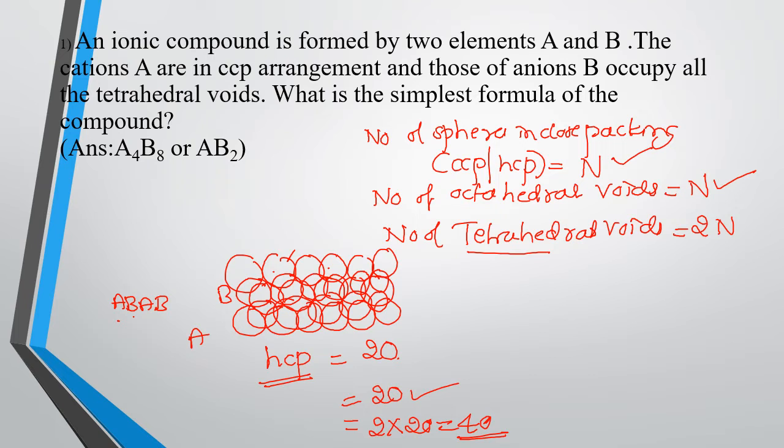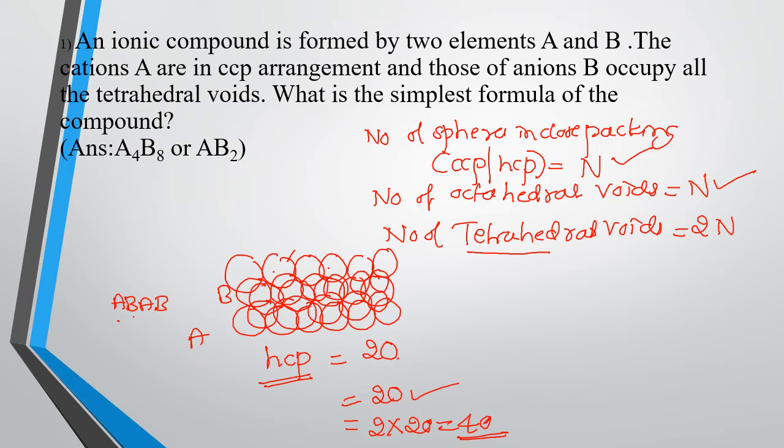If there are n spheres in that particular close packing, octahedral voids are generated equal to the spheres, but tetrahedral voids are double the number of octahedral voids. So this is the actual formula that we have in our syllabus.